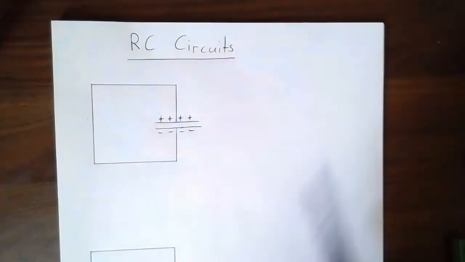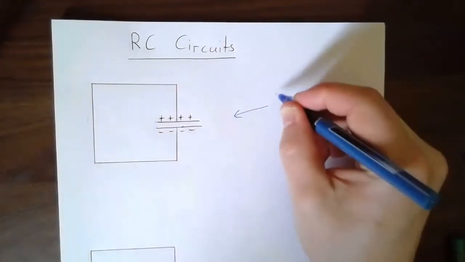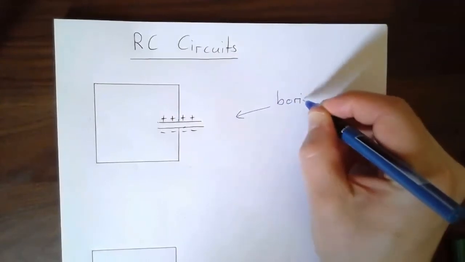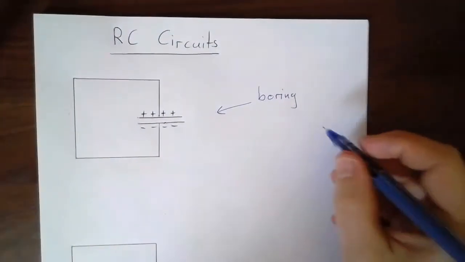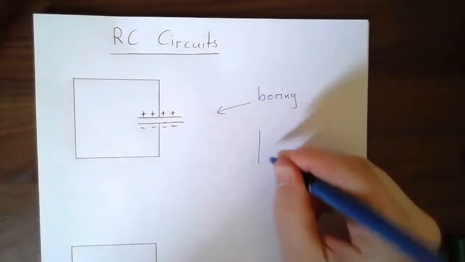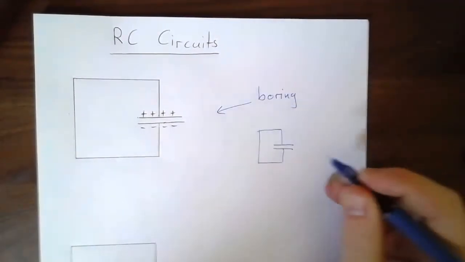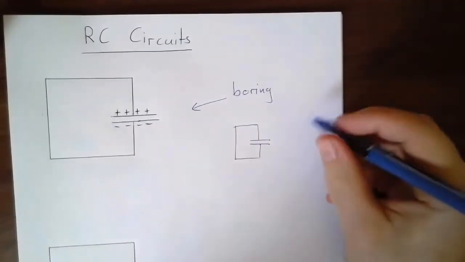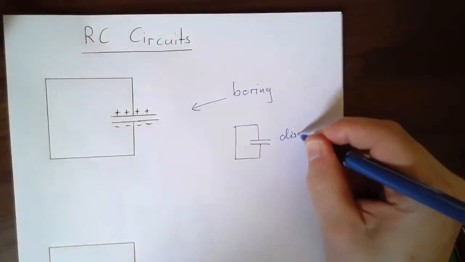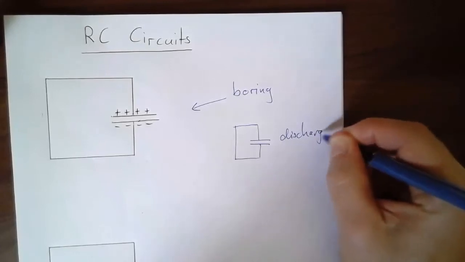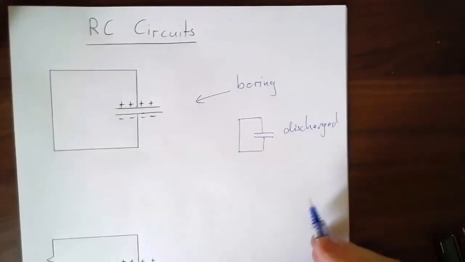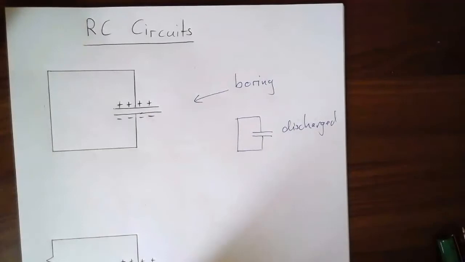Everything is neutral. Everything is just sitting there. Everything is boring. Within a fraction of a second, you're going to be in a situation that just looks like this. No more charge. Realistically, it actually doesn't happen immediately.